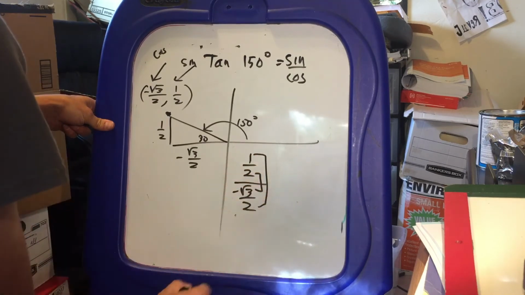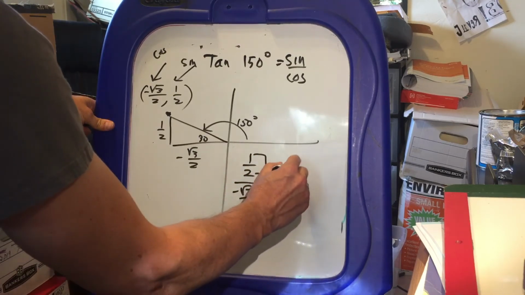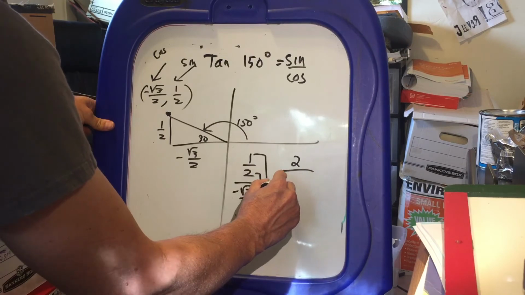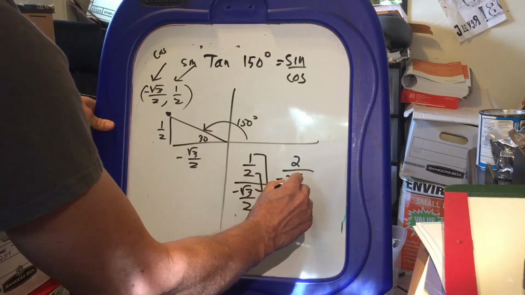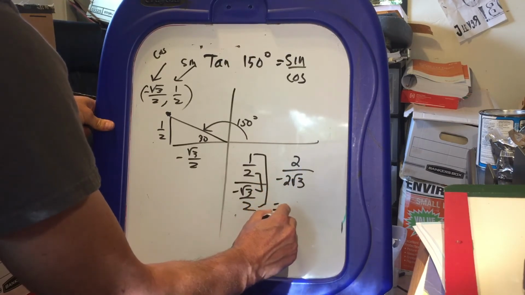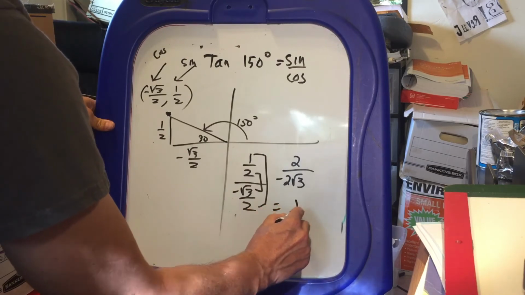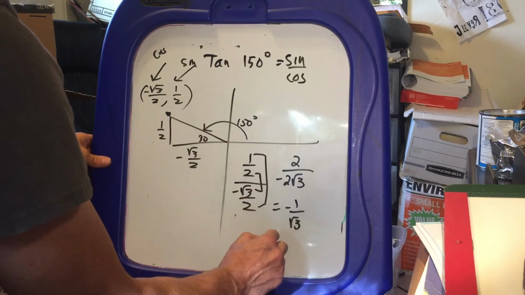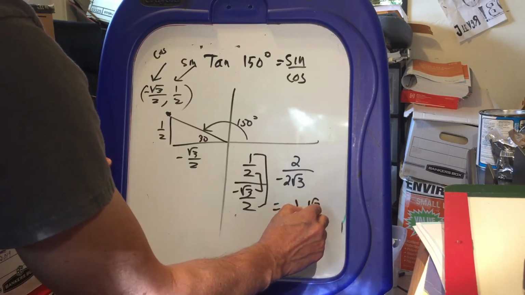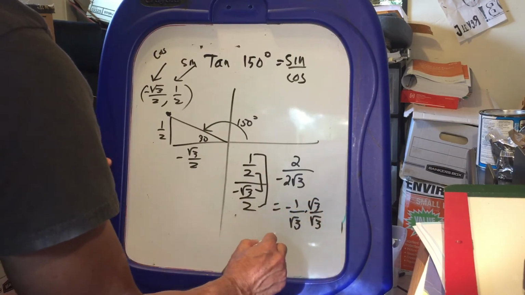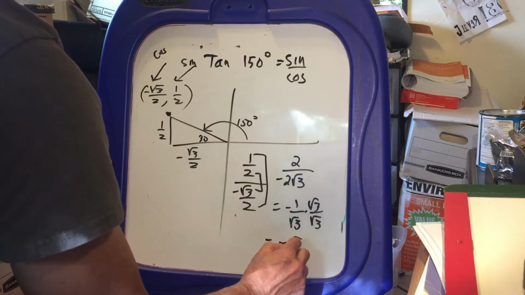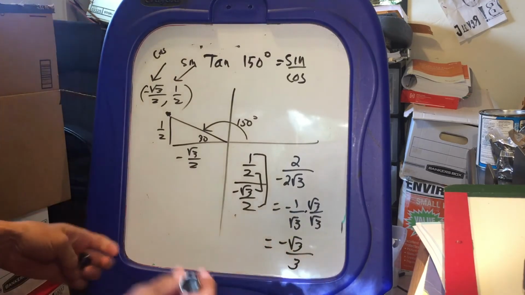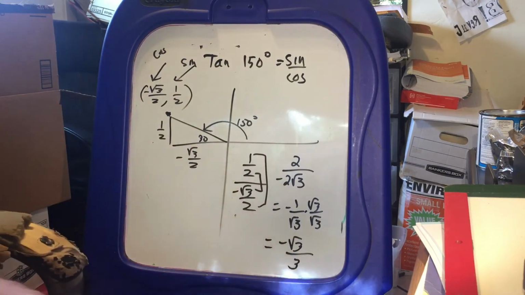Flip and multiply, whatever you want to call it, you get 2 over negative 2 root 3, which equals 1 over root 3, but negative. You shouldn't leave the answer like this, so you end up multiplying it by root 3 over root 3, and you get negative root 3 over 3.